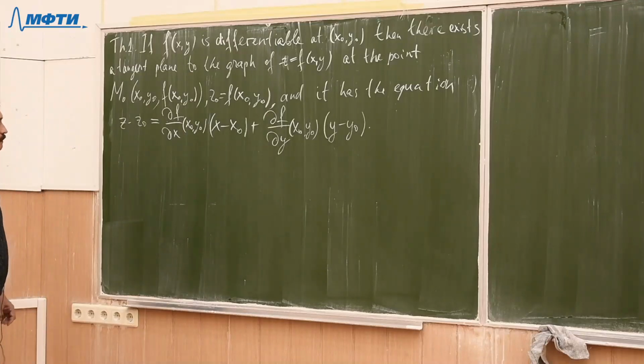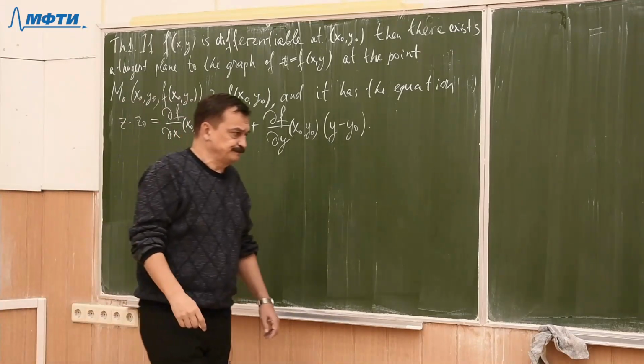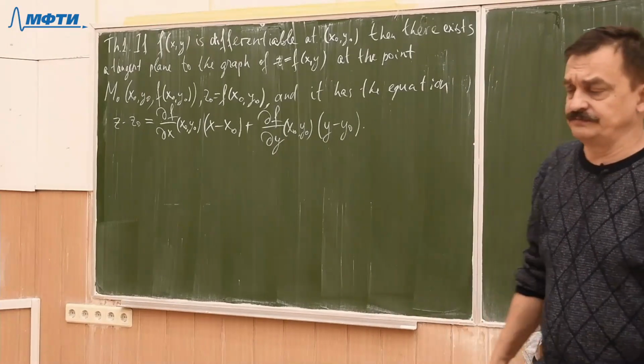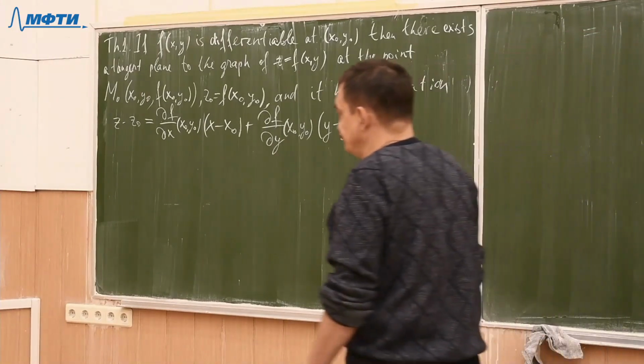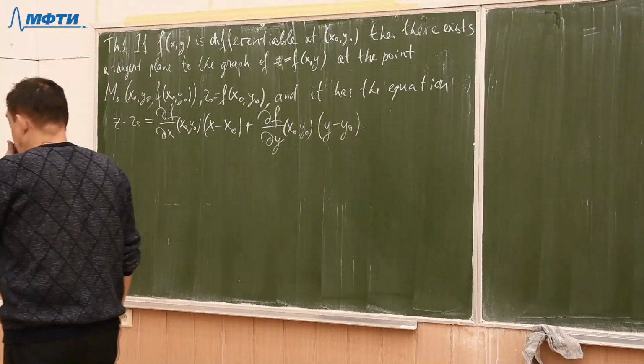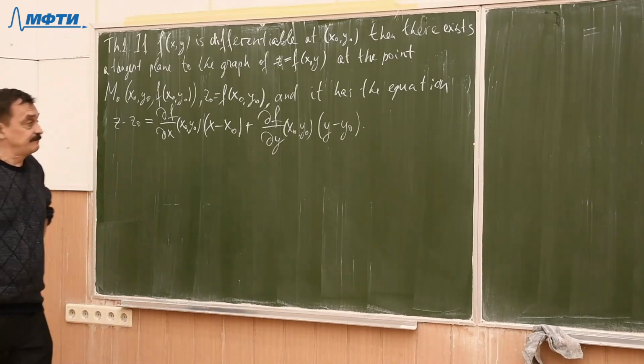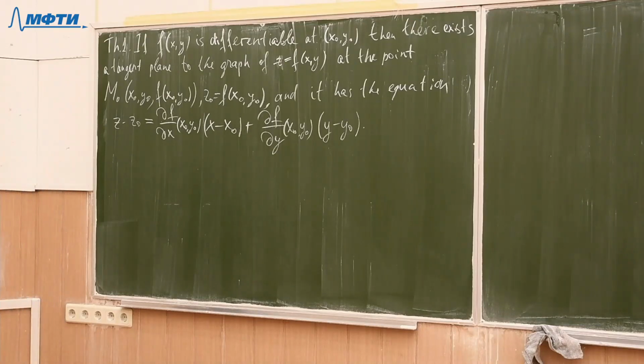So analogously to the derivative for one variable, where the derivative is connected with a tangent line, here for functions of two variables partial derivatives are connected with a tangent plane.